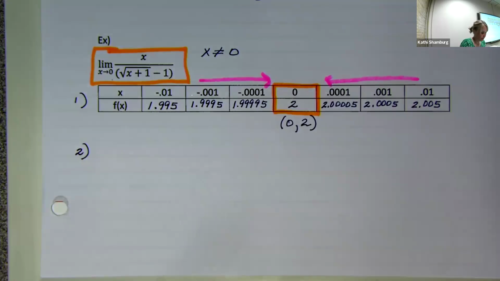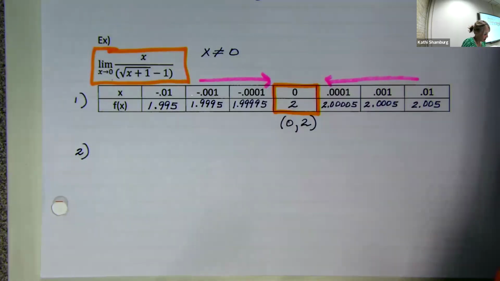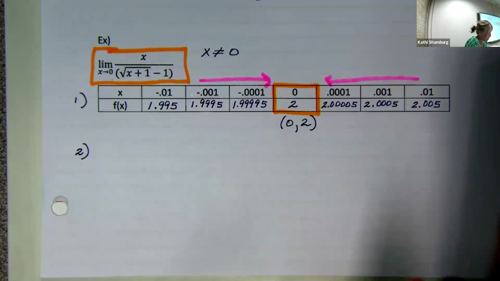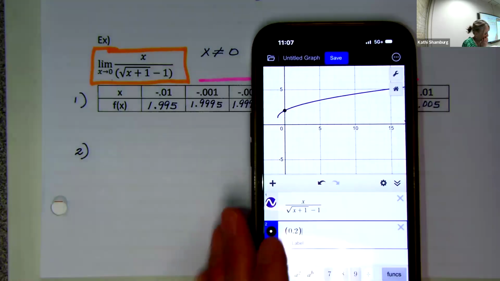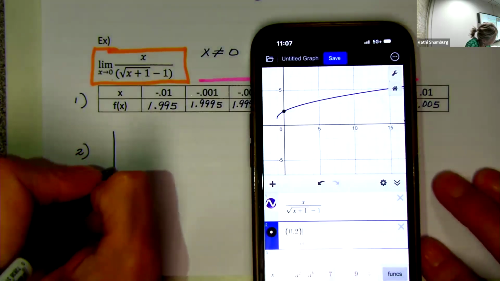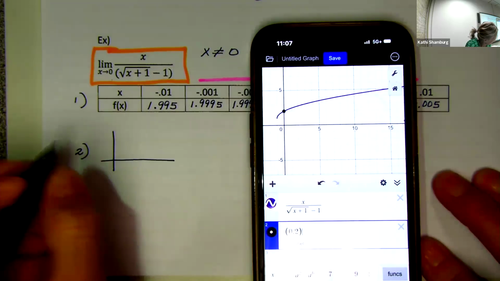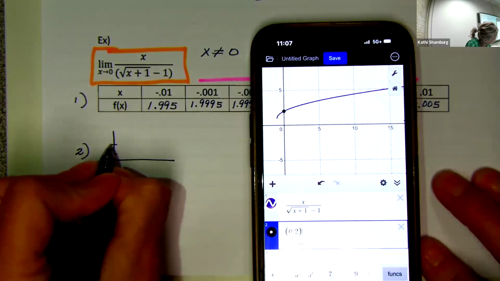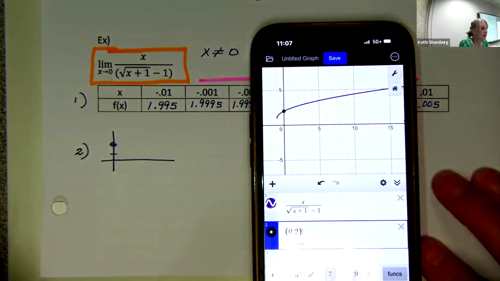Okay, and we just do 0, 2. So this is what that graph looks like. At (0, 2), it's an open circle because that is undefined.